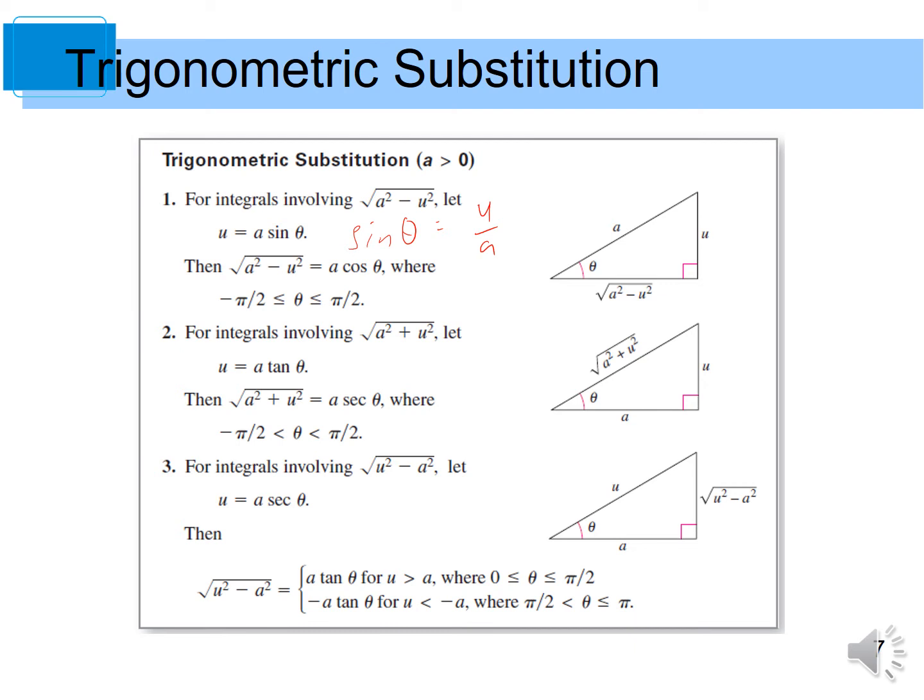U is opposite and a is the hypotenuse. To get the adjacent, we use the Pythagorean theorem, where the adjacent in this case is our pattern.